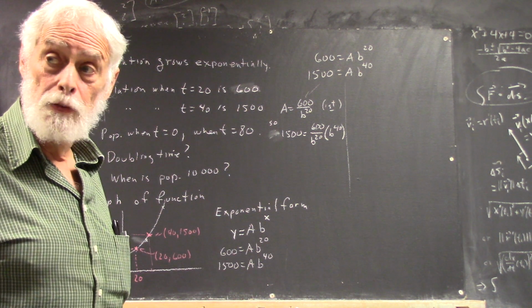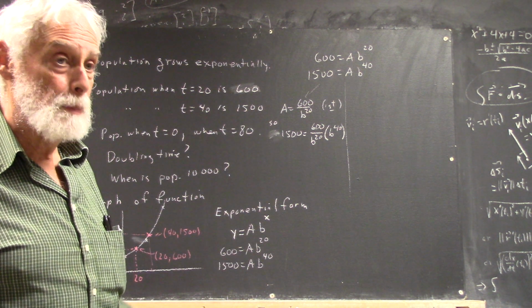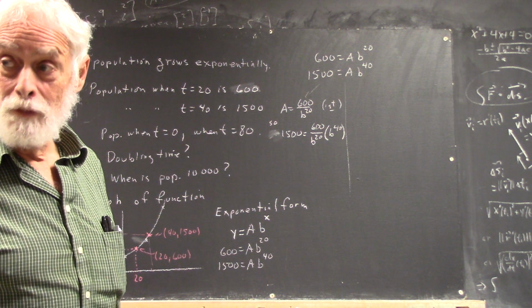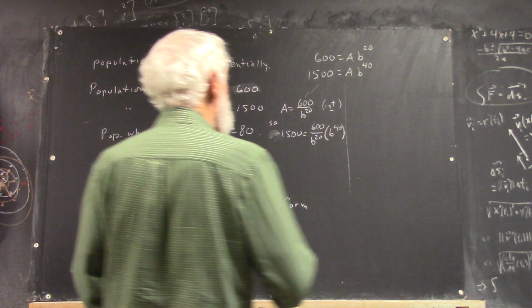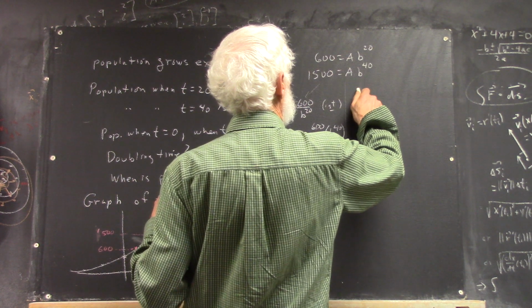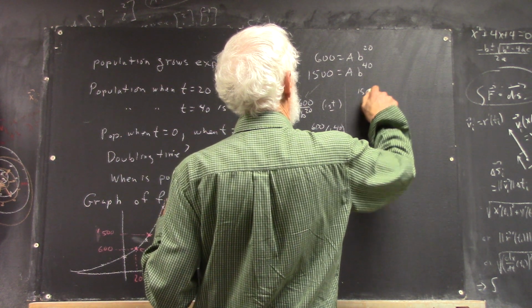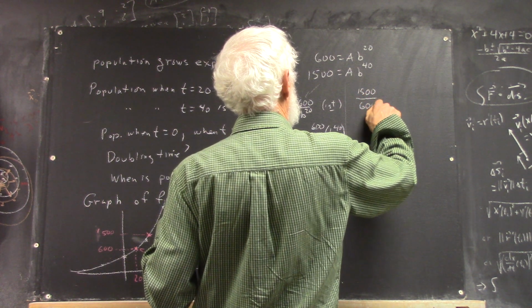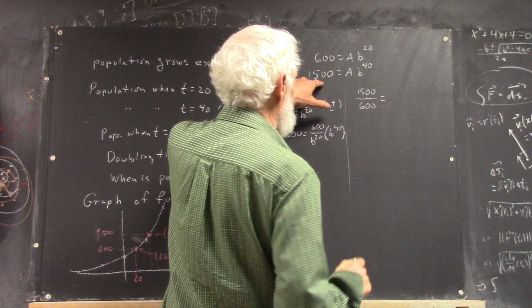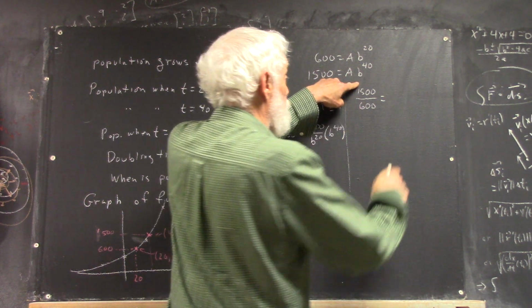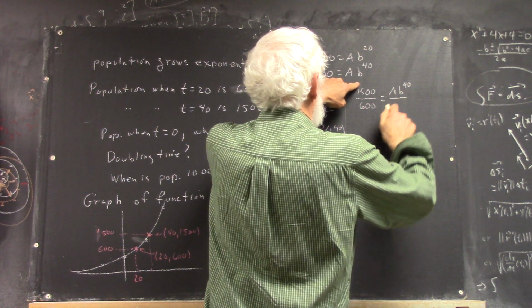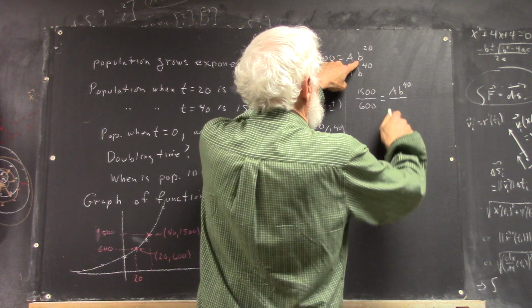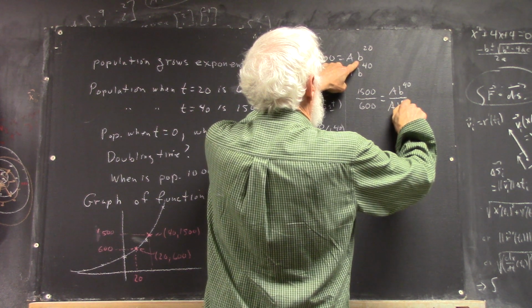And then solve that for b, which I'm going to ask you to do in a minute. That's one strategy. The other is 1500 over 600 equals a b to the 40th divided by a b to the 20th.